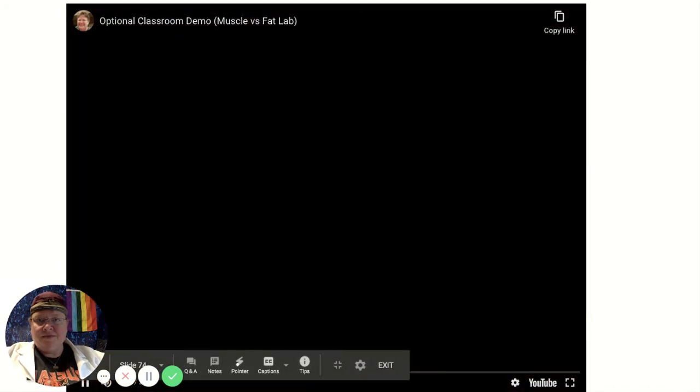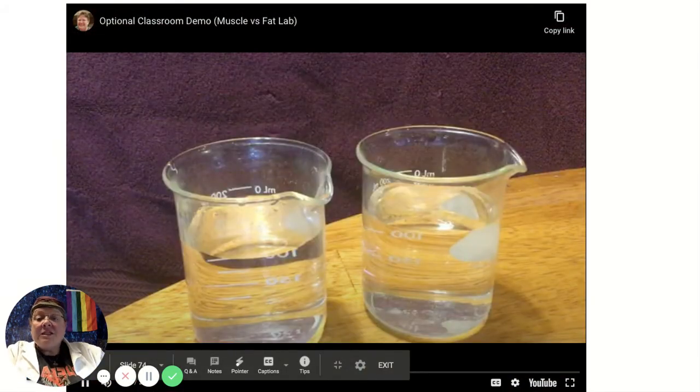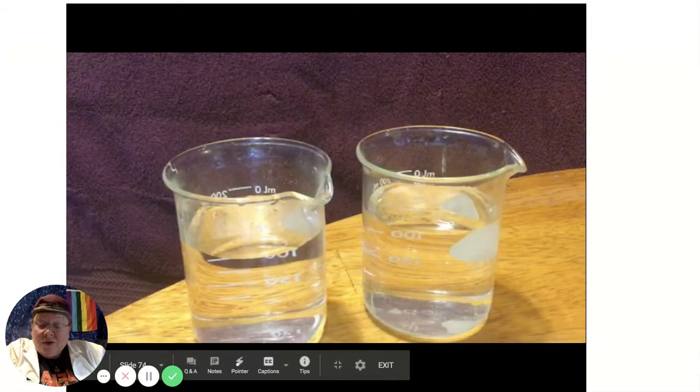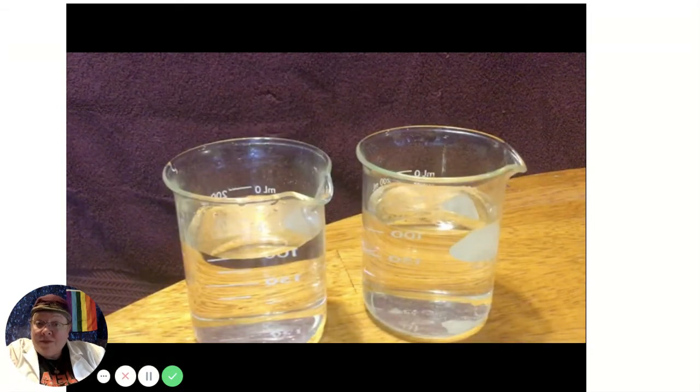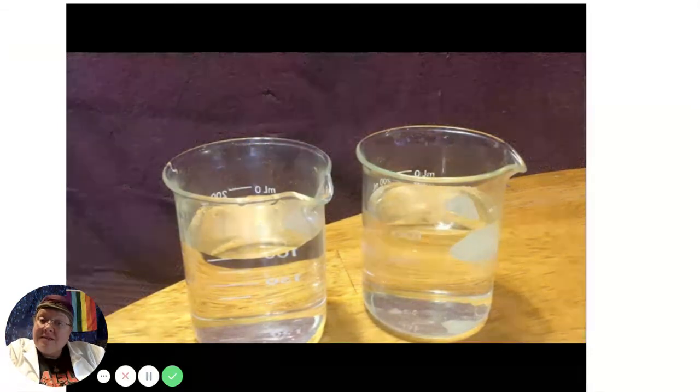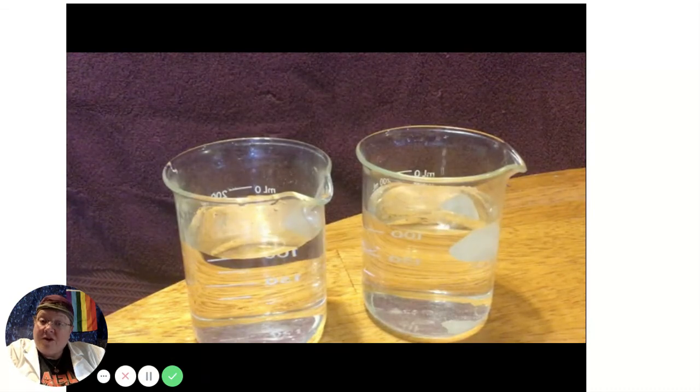Let's see. Here we go. So in this demonstration, we have two beakers of water. We're going to put salt in one of the beakers of water and dissolve that salt. So let me get my salt, to model salty water.